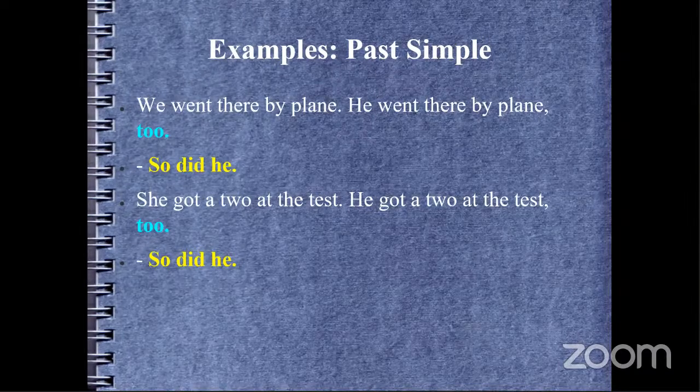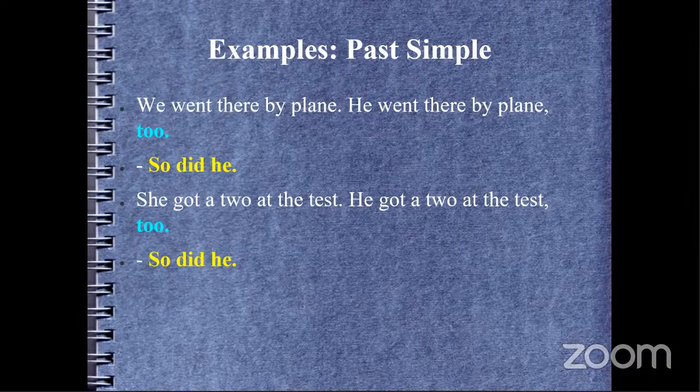We went there by plane, so did he. Yo puedo cambiar. Ellos fueron en avión, yo también. Entonces yo diría, so did I. Ellos fueron en avión y ellos también. So did they. Nosotros fuimos en avión y ella también. We went there by plane, so did she.